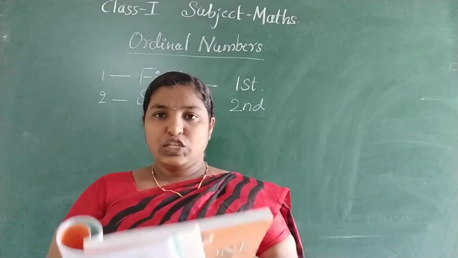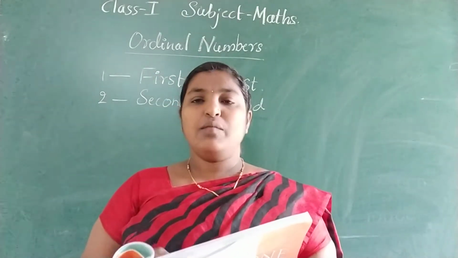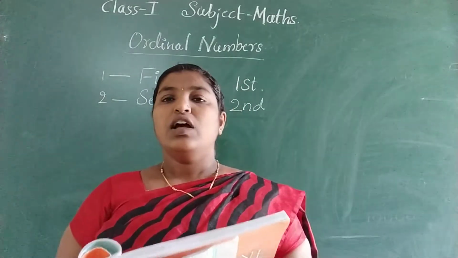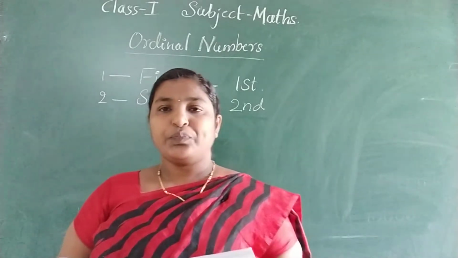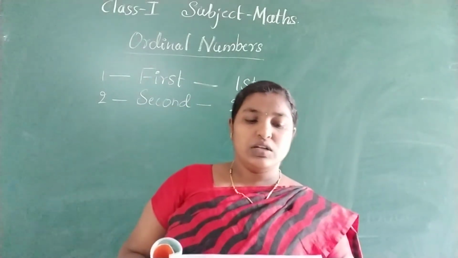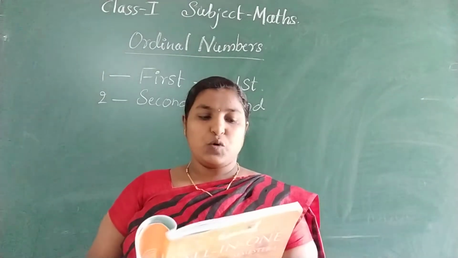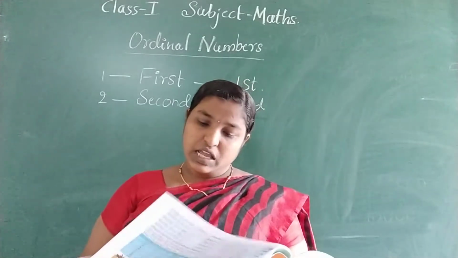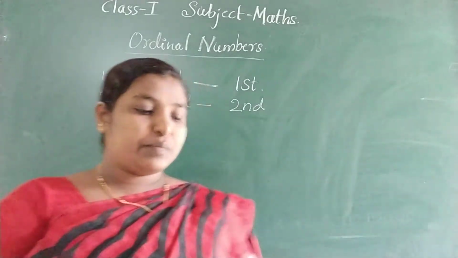So, on the next page, they have given the students' names and they have given blanks to write the position of the respective student. First one, Duke, is in the first position. Anita is in the, where is Anita? Anita is in 3rd place.